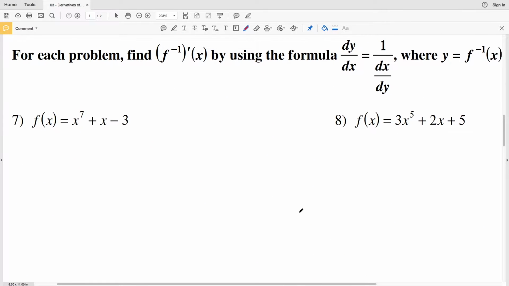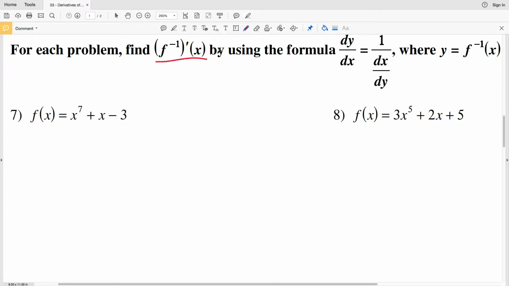Now for our last two problems, we're going to find the derivative of the inverse function of x by using the formula, the derivative of y with respect to x equals 1 over the derivative of x with respect to y, where y equals that inverse function of x.